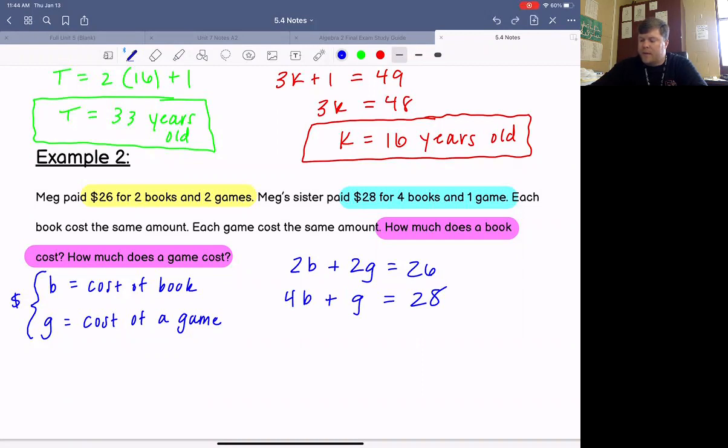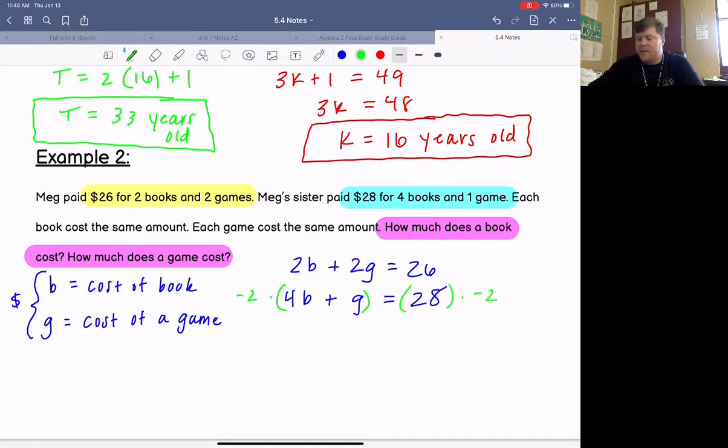Okay. So with this problem, you have options as to whatever method you want to use to solve it. I'm going to go with elimination here just because it seems like a decent choice. There are a bunch of different ways you can do this, but I can multiply that bottom equation, both sides, times -2.